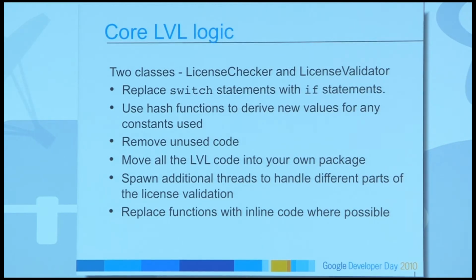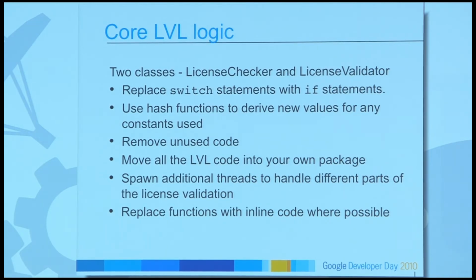For modifying the core LVL logic, there are basically 2 classes you want to focus on. The first one is the license checker, and the second one is the license validator. There are many things you can tweak in the code while keeping the functionality the same. For example, you can replace a switch statement with if statements. You can also use hash functions to derive new values for any constant you use.